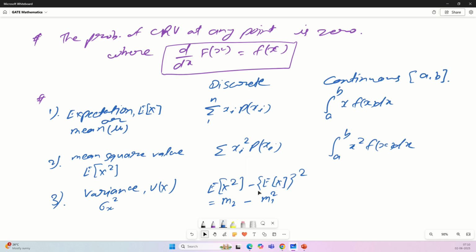Sometimes expectation of x square is called m2 and expectation of x is called m1, so variance is equal to m2 minus m1 square. This is applicable for both discrete as well as continuous, because both have expectation of x square. So you find out and then you can write it down.